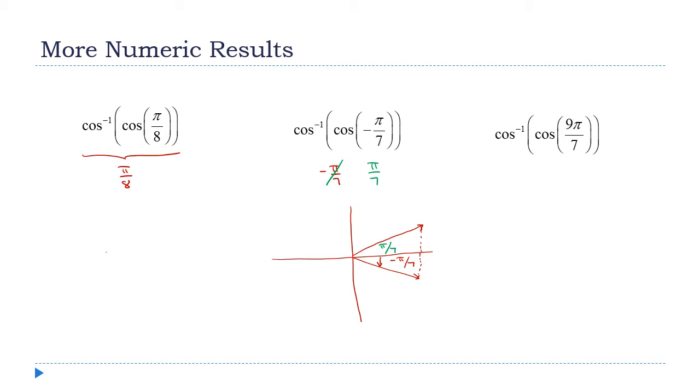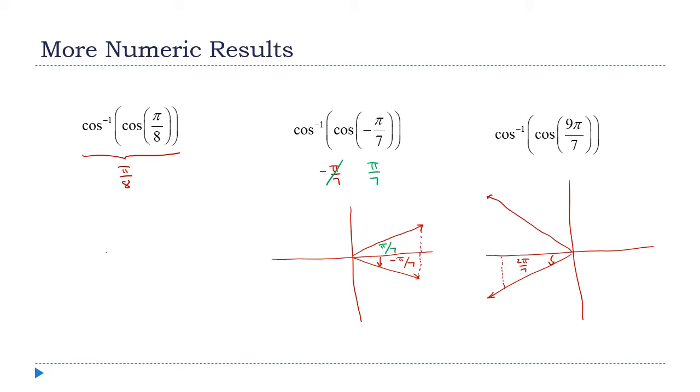All right, so try this next one. Try 9 pi over 7. See what you come up with. All right, so I'm going to take the same approach. 9 pi over 7 is a little greater than pi, so it's going to be down here. And this reference angle is going to be 2 pi over 7. So I need an angle that gives me this same x coordinate, but is in the second quadrant.